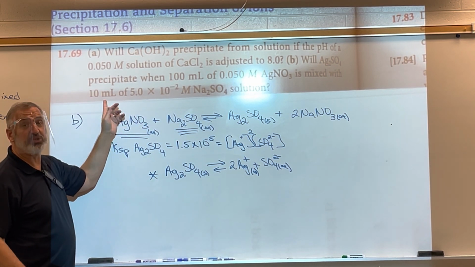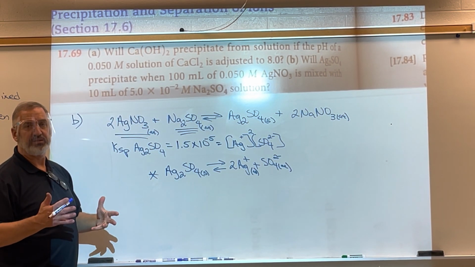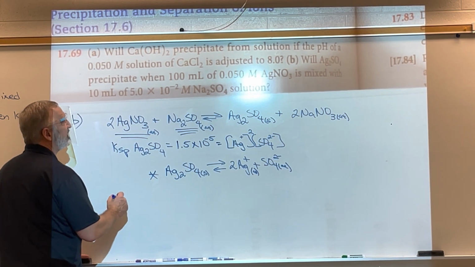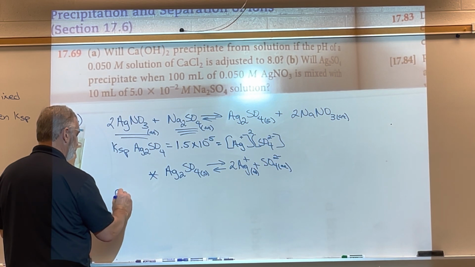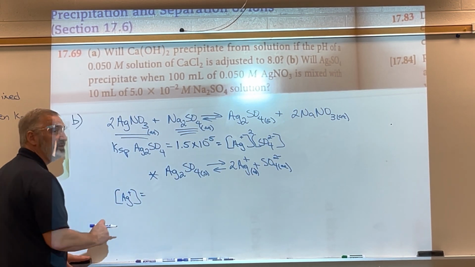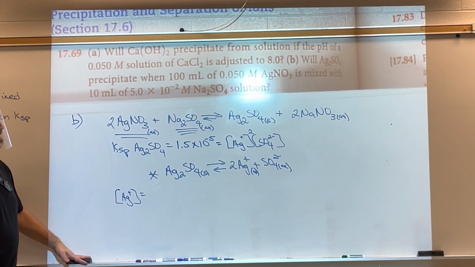Now, what makes this problem even trickier is that when you mix the 100 milliliters of this with 10 milliliters of that, we're diluting it. So I have to get my silver concentration, and remember dilution, how do I do this dilution problem? MCVC equals MDVD, right?